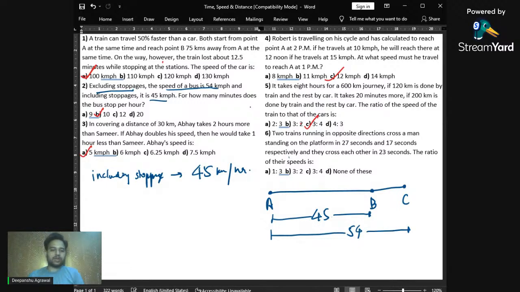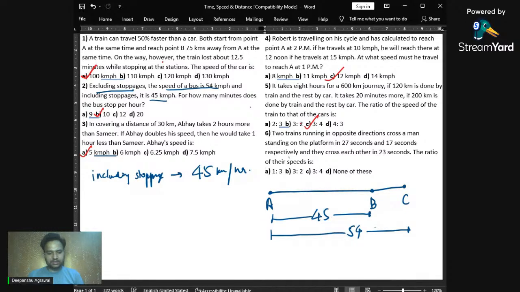So if a bus stops in between its journey, it is able to cover only 45 kilometers. But if it does not stop anywhere, the bus is able to cover 54 kilometers, and it would have reached point C.